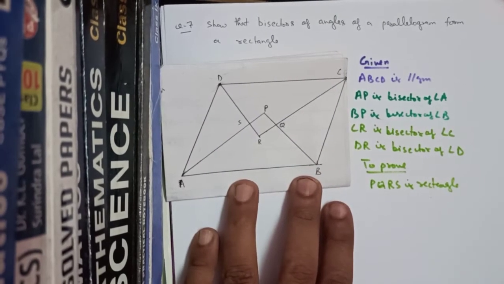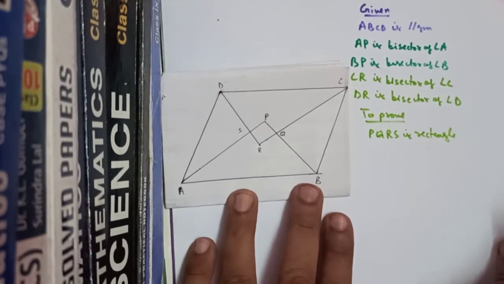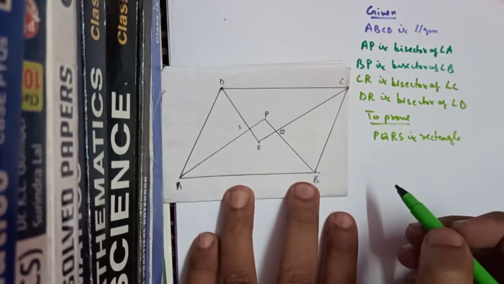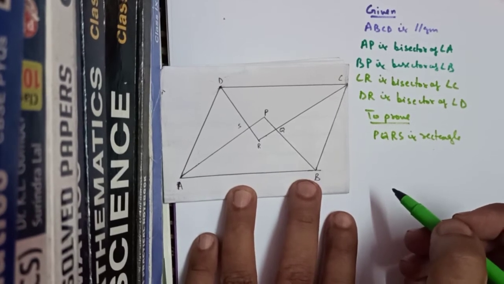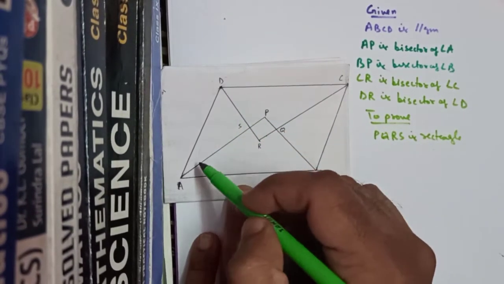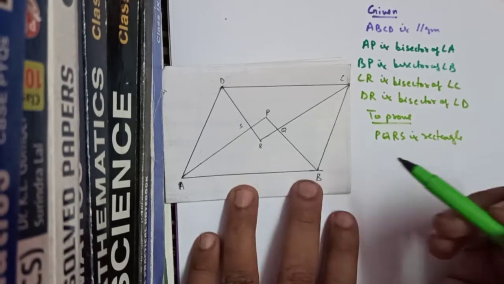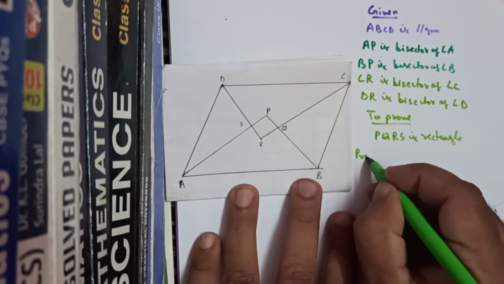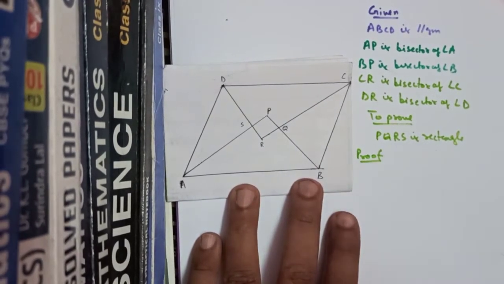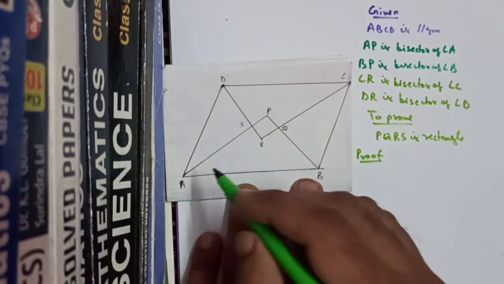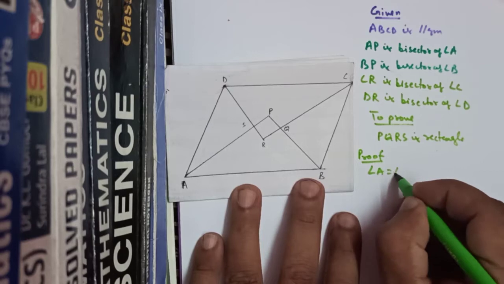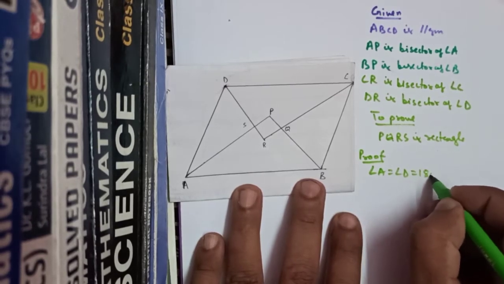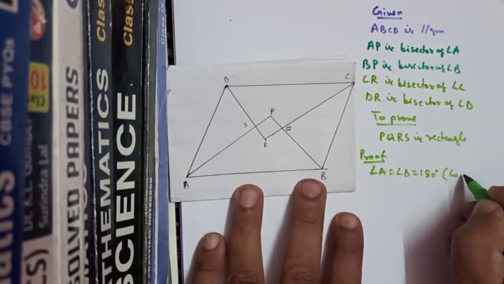First of all, since ABCD is a parallelogram, the adjacent angles are consecutive interior angles. So we can write angle A plus angle D will be equal to 180 degrees because they are co-interior angles.